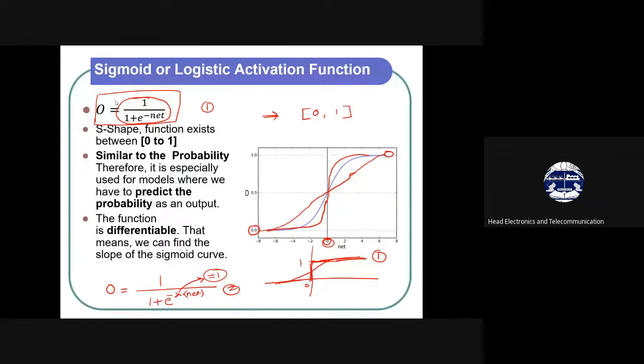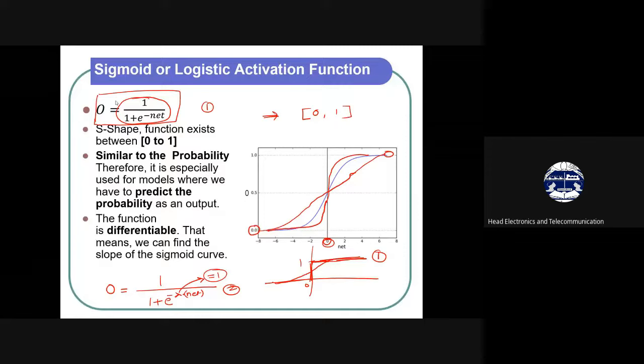Therefore it is used for models where we need to predict the probability as output. There are some problems where you want output in the range 0 to 1, resembling probability, so we basically use this logistic activation function.